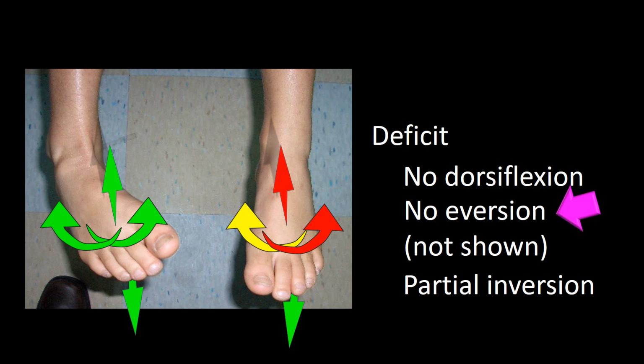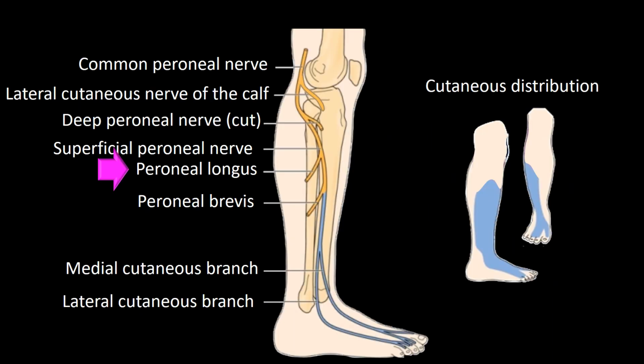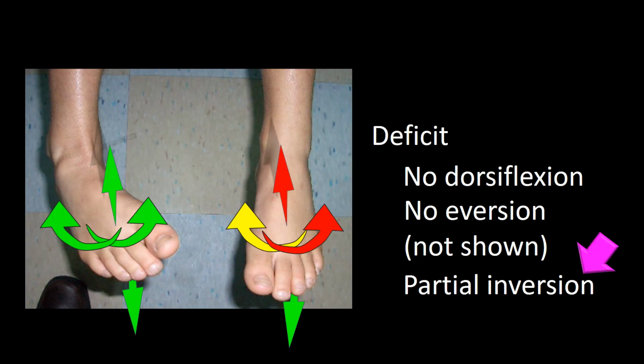The lack of eversion indicates weakness of the peroneus longus and peroneus brevis. Thus, the superficial peroneal nerve is involved. Partial inversion weakness can be explained by tibialis anterior weakness and normal posterior tibialis strength.